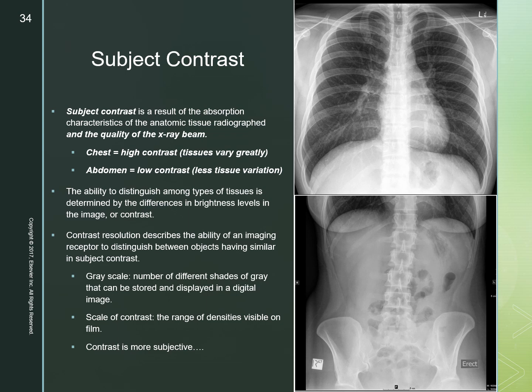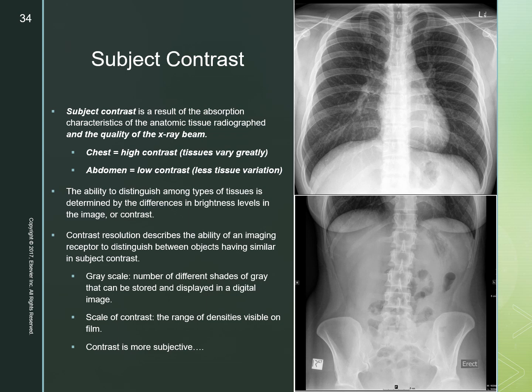So on the chest, you see that it naturally has a high level of contrast, because it has those aerated lungs. Air has very little mass density and it has low atomic number, whereas the spine has a much higher mass density. It's got a higher atomic number, so it's going to absorb more. So naturally, this patient has subject contrast, a change in attenuation factors between different tissues.